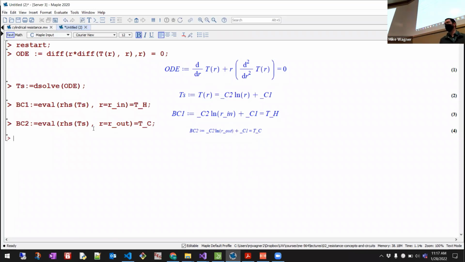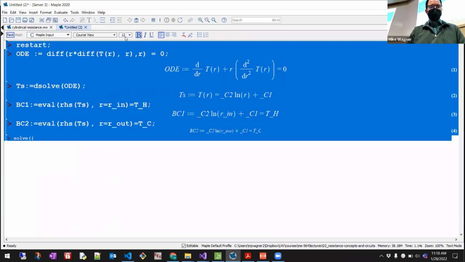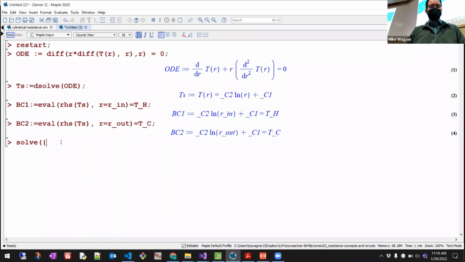Okay, so here we're going to solve for the unknown constants. So we're going to say solve. We want to solve for C1 and C2, and we have to tell it which equations are going into that solution. So this is curly braces. The syntax is the expressions we're trying to solve, so BC1 and BC2, and then what we're solving for, C1 and C2.